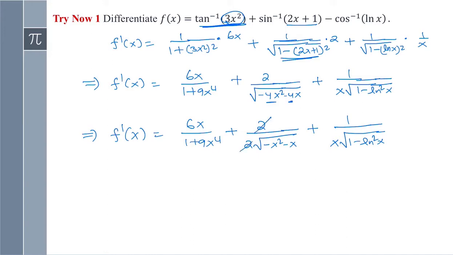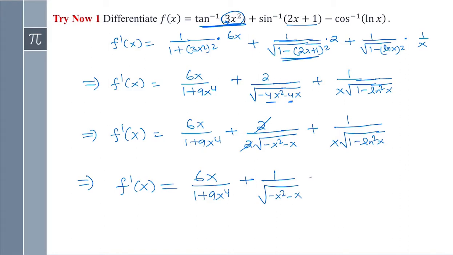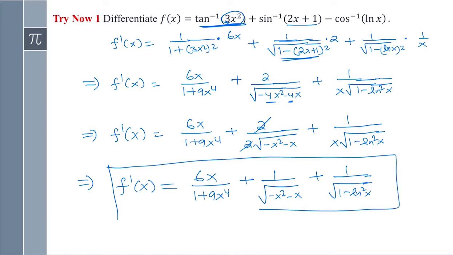Now these two cancel out, so our final answer is f prime of x equals 6x over 1 plus 9x to the fourth, plus 1 over the square root of negative x squared minus x, plus 1 over x times the square root of 1 minus natural log squared of x. Okay, so that is the final answer for this problem.